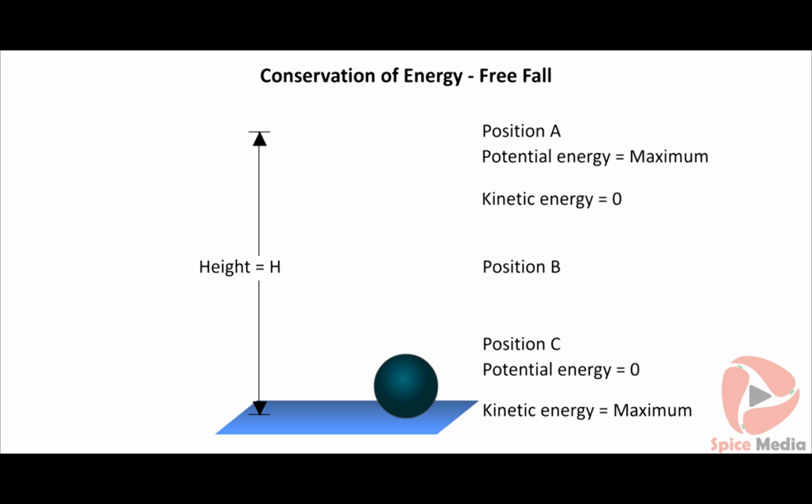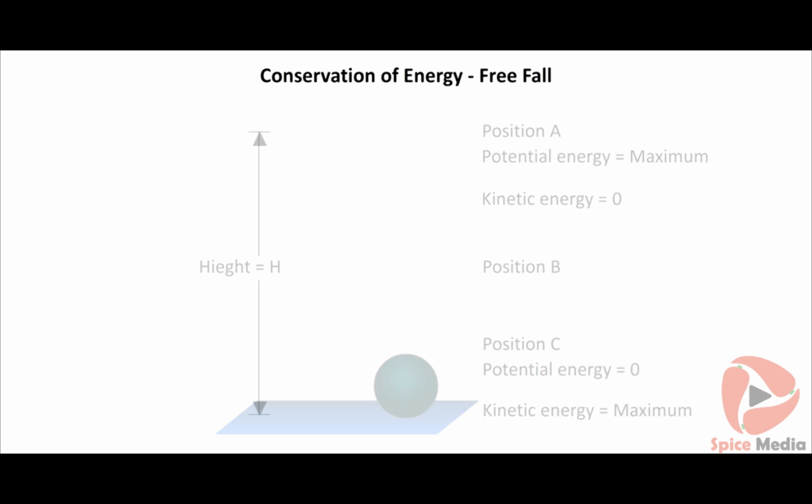At any point during the fall, the total energy is equal to the sum of potential energy and kinetic energy. When it reaches the ground, the entire potential energy is converted into kinetic energy. This proves that energy can neither be created nor be destroyed. One form of energy is converted into the other form.